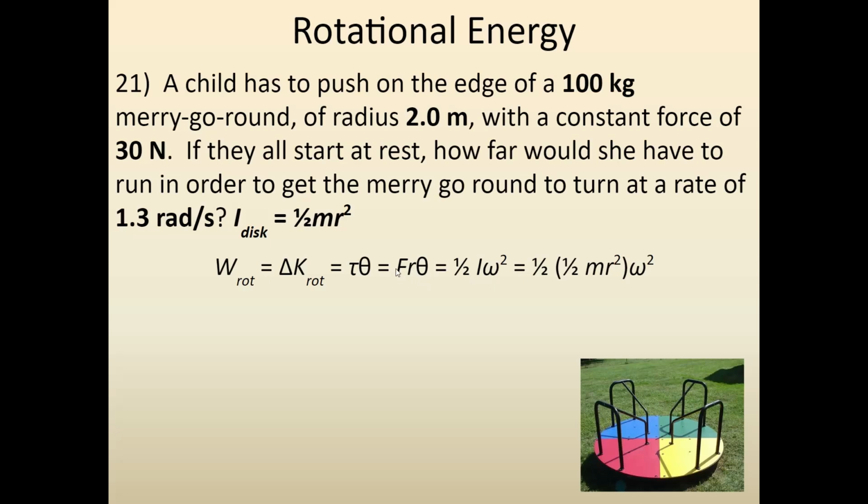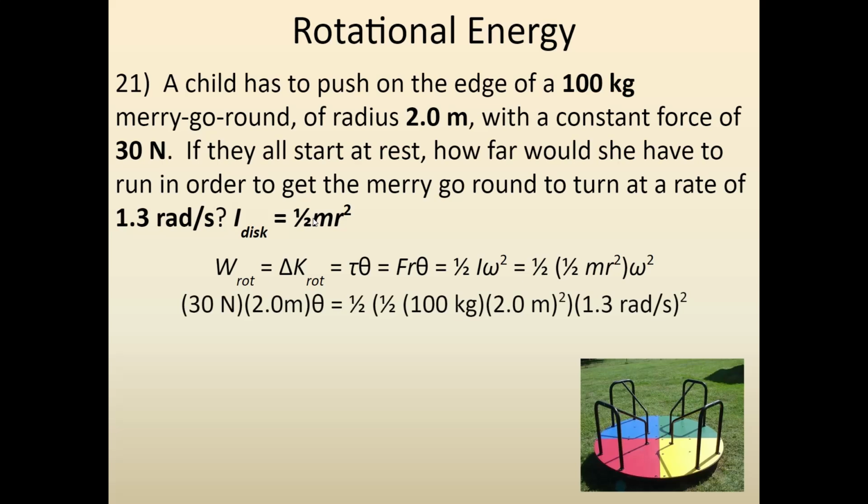So we're going to take the altered form of the rotational work equation, FR times theta, and set it equal to 1/2 I omega squared, and then replace the I for the disk with 1/2 mr squared. Put all the numbers in and chug out an answer, and we get 2.817 radians.